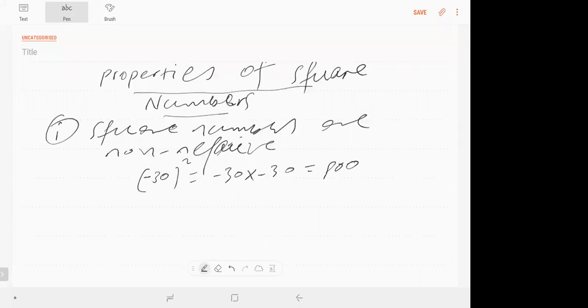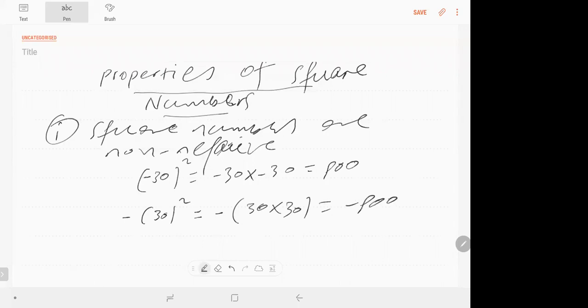But here, there is a difference between this expression and this expression. This one is the square of negative 30, but this one is not. When you calculate this one, it is equal to minus of the square of 30, which means 30 times 30, so the value will be negative 900.